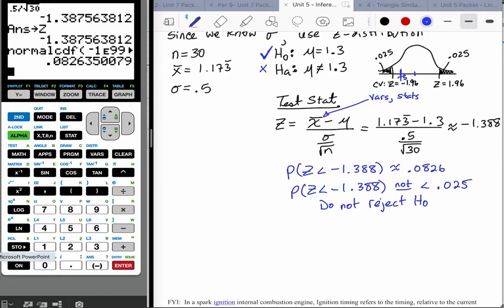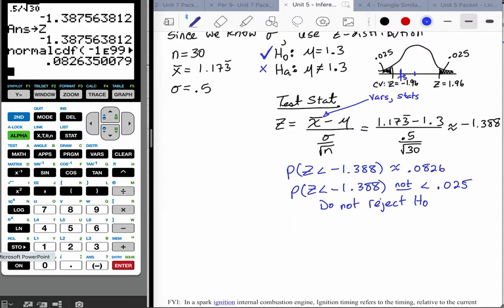So it always feels like overkill. But what we're getting at here is, if we're talking about the alpha value being the probability of making a type 1 error, a type 1 error, again, is mistakenly rejecting the null hypothesis. It's really a cutoff for that.